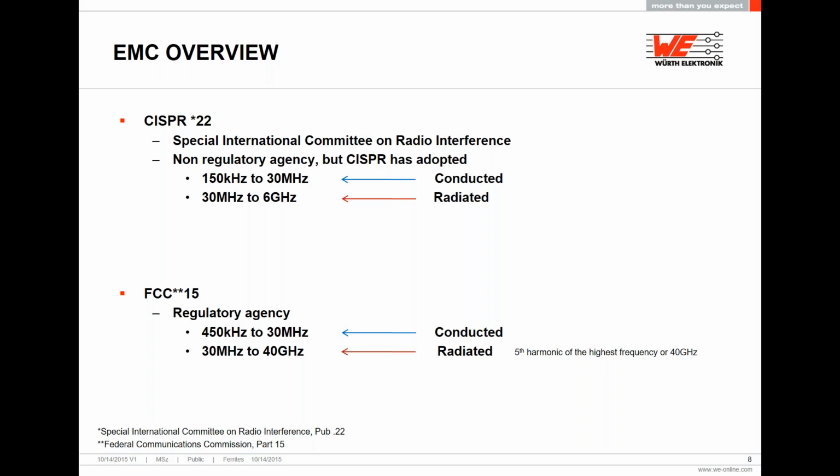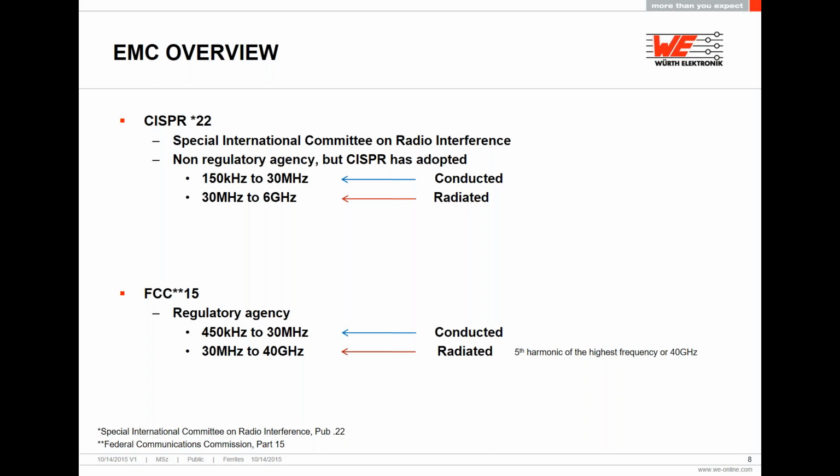CISPR 22 is a standard applicable to the European community. It tests for conducted noise at 150 kilohertz to 30 megahertz, and it tests for radiated noise at 30 megahertz to 6 gigahertz. On the other hand, we have the FCC 15, which is a standard applicable to the USA.